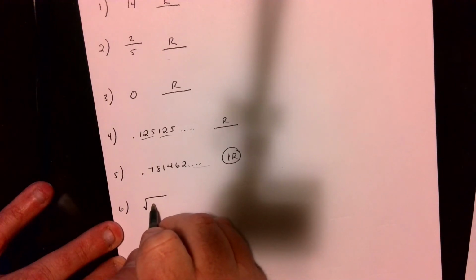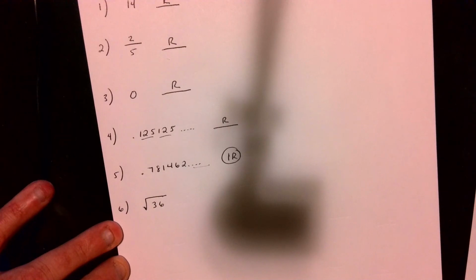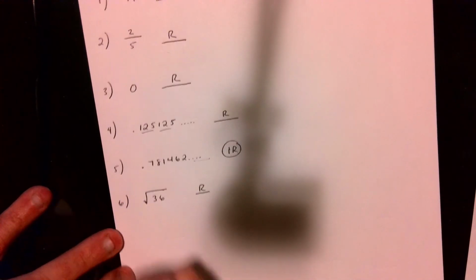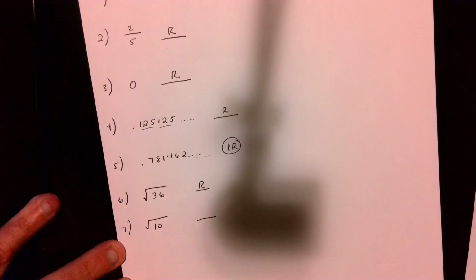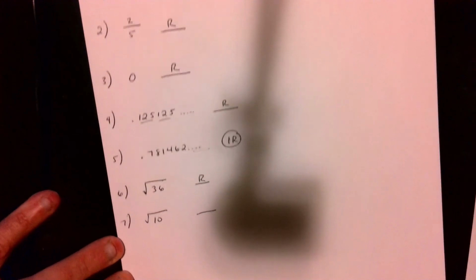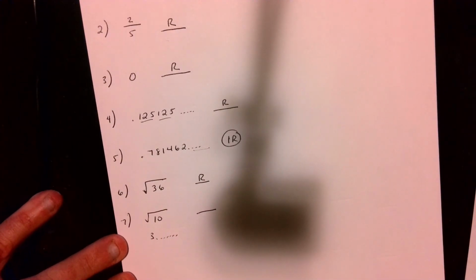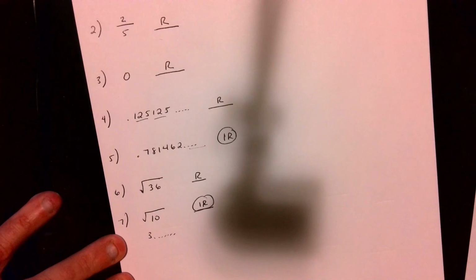So if it asks for the square root of 36, well, that is 6. 6 times 6, so therefore it's rational. And they'll give you ones like square root of 10. Oh, you put that in your calculator and you see it's like 3.1 something something something. It goes on forever and does not repeat. Therefore it must be irrational.